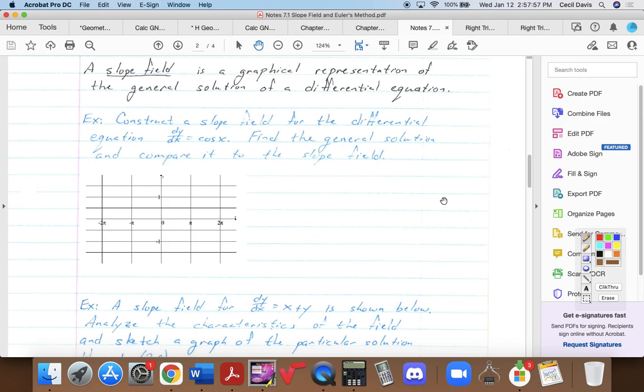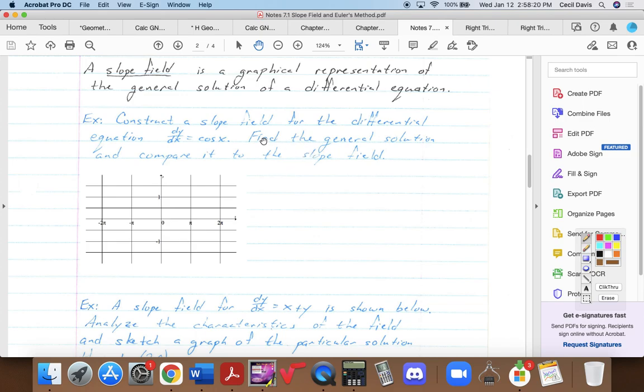That's one of the differences between AB and BC. A slope field is a graphical representation of the general solution of a differential equation. And I think the best way to understand how a slope field works is to actually make one.